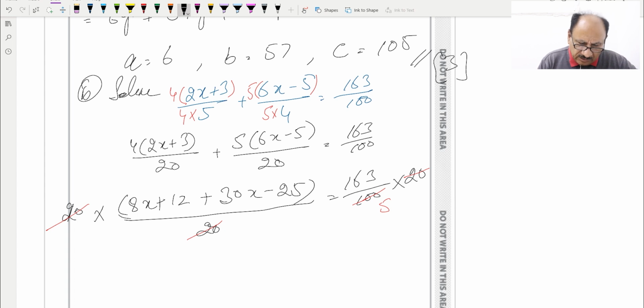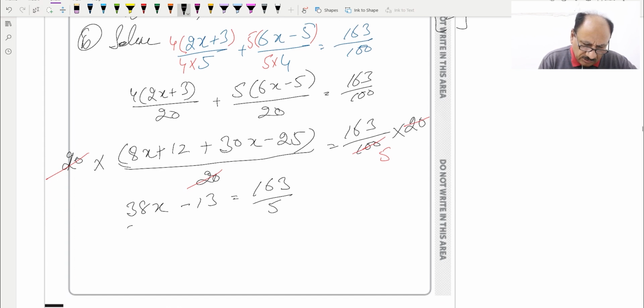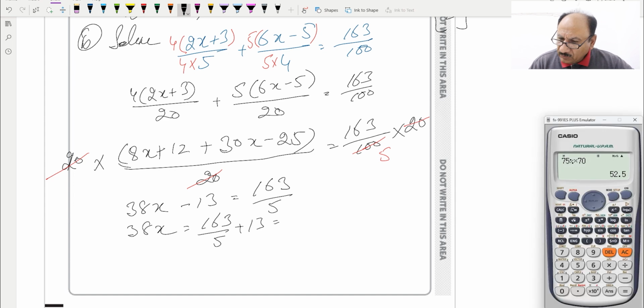Now we can write 8x plus 30x will be 38x, and 12 minus 25 will be minus 13, is equal to 163 over 5, and 13 we can shift to the other side, and we will get 38x is equal to 163 over 5 plus 13, which we can simplify, resulting to 228 over 5.